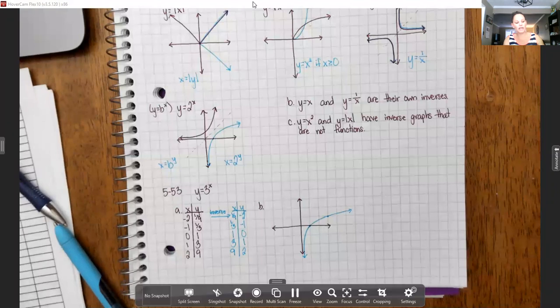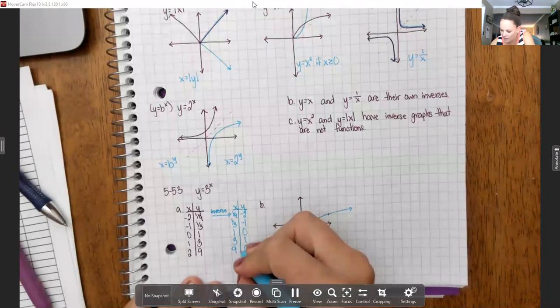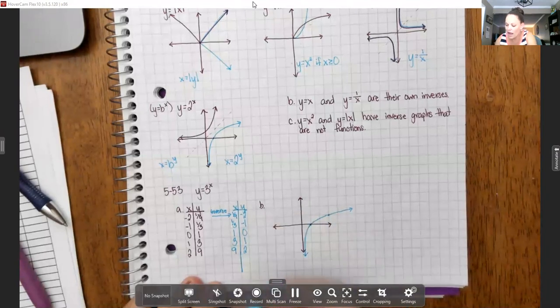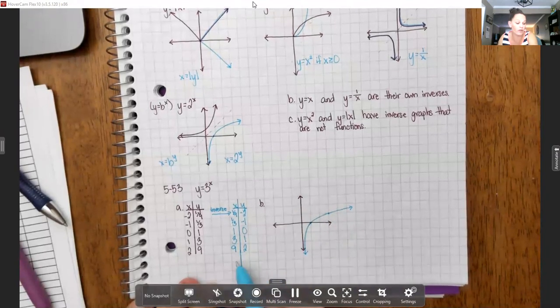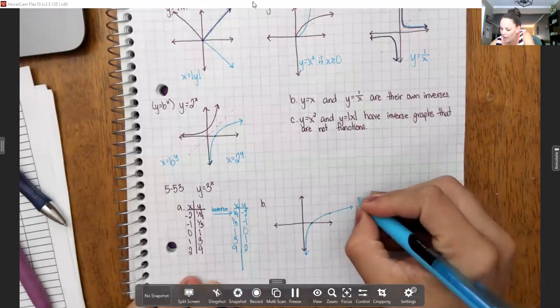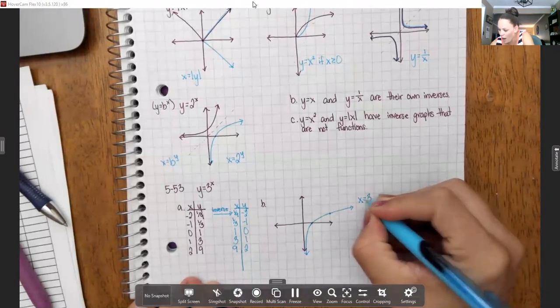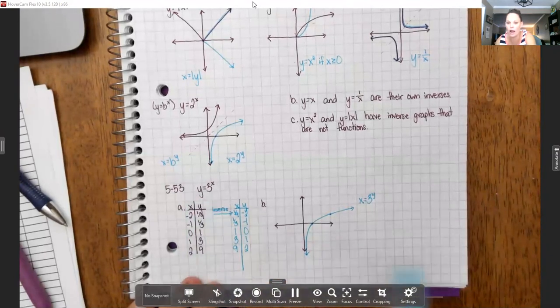So for part C, I'm just going to kind of extend this table. They're asking, for the inverse, we don't know the equation. Sure, we can write the equation in x equals form as x equals 3 to the y, because we can just switch our x and our y.